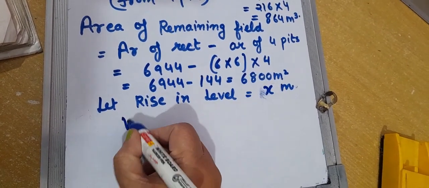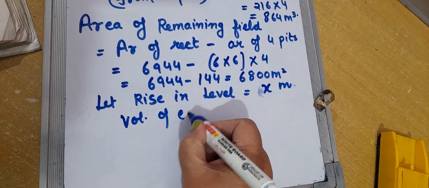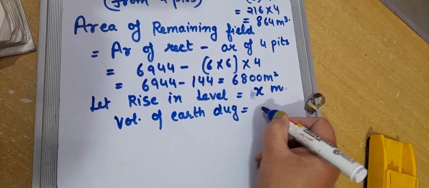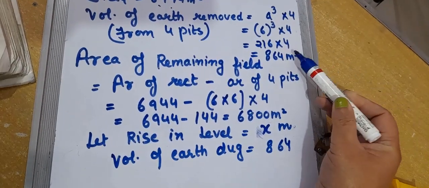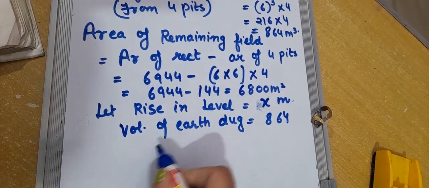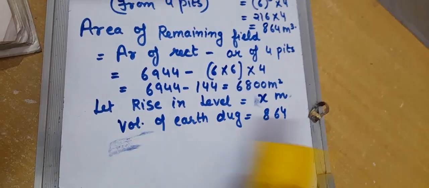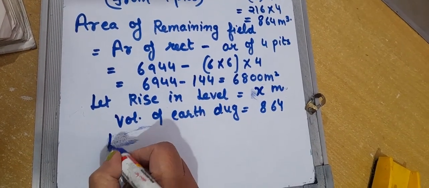Let's write volume of earth dug, earth removed or earth dug. We have earlier found 864 meter cube, and we know that the formula of volume is L into B into H. So we will here write L into B means area.